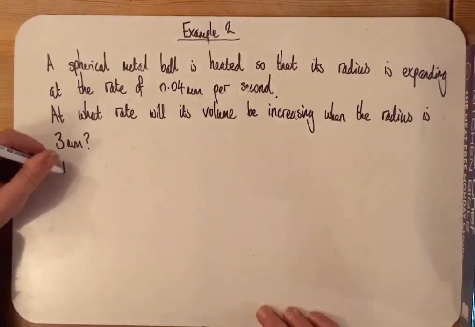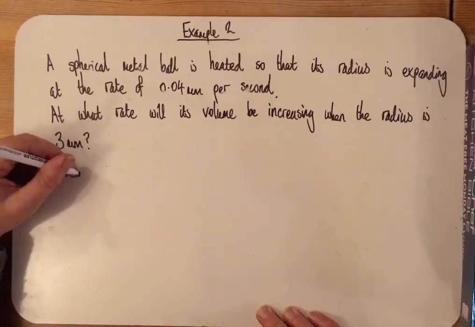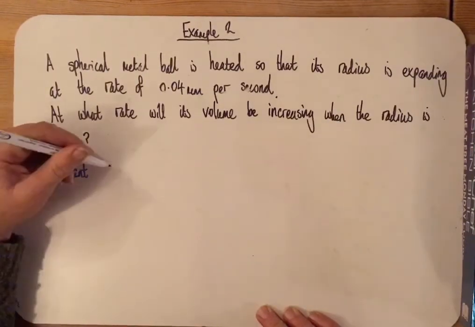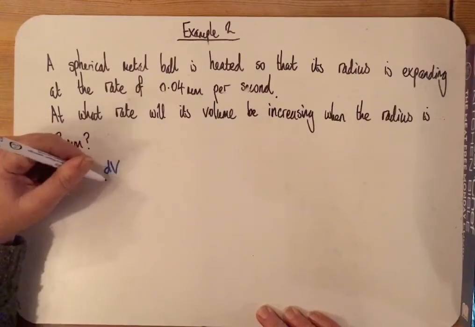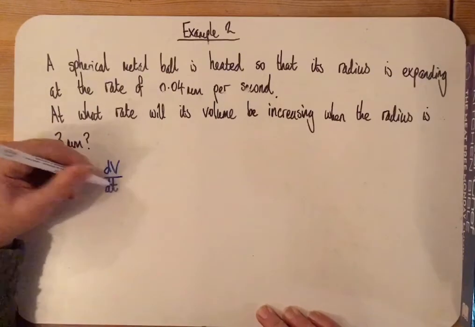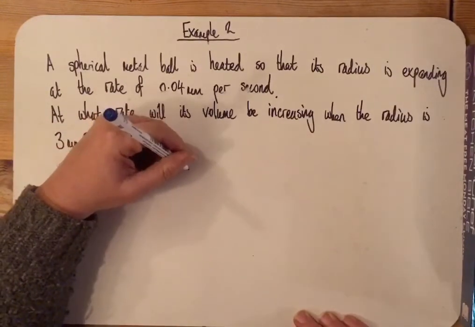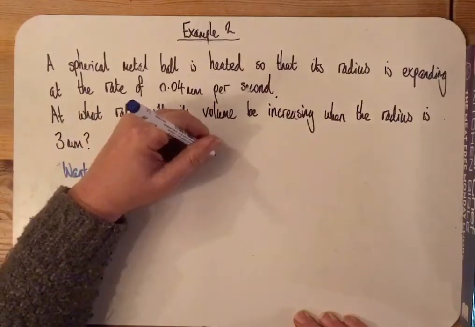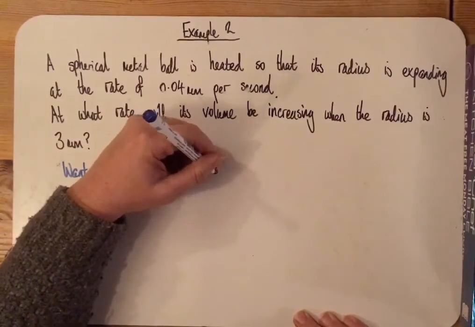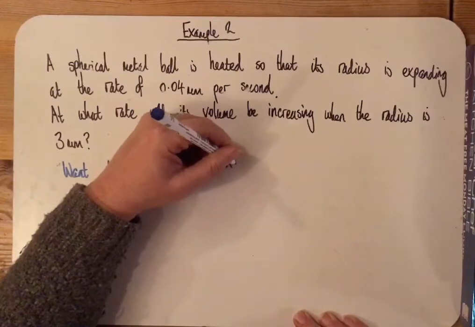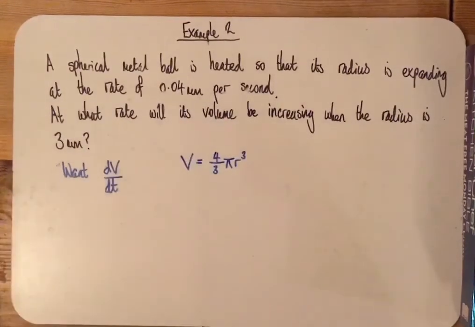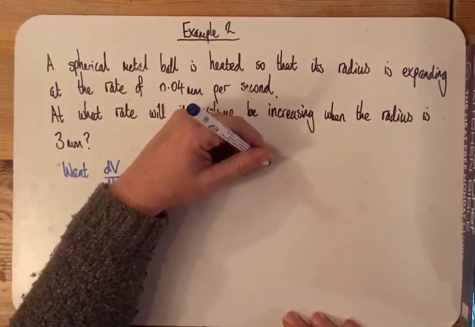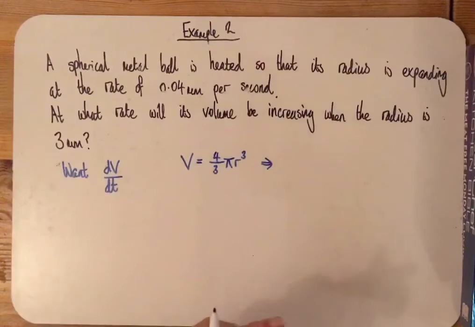So we want the rate of change in the volume. The volume of a sphere, you don't have to know these, is 4/3 pi r cubed. These questions tend to involve a volume or an area, which you have to differentiate, and that's your first port of call.